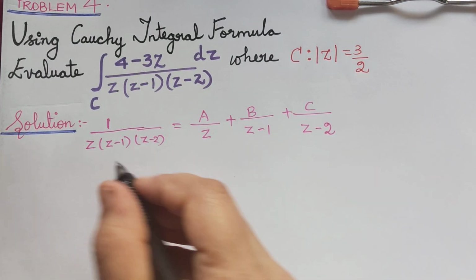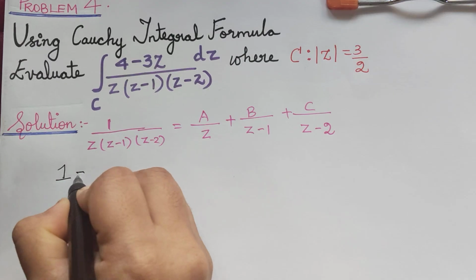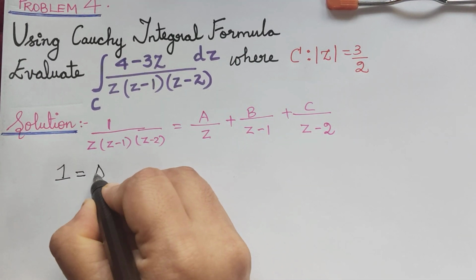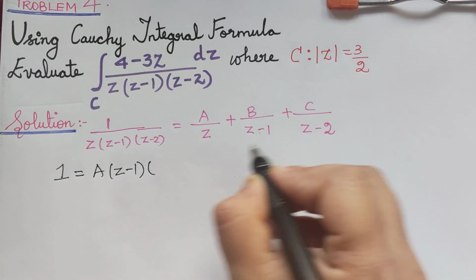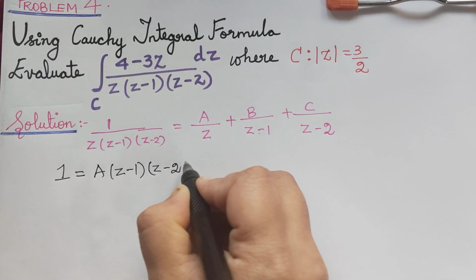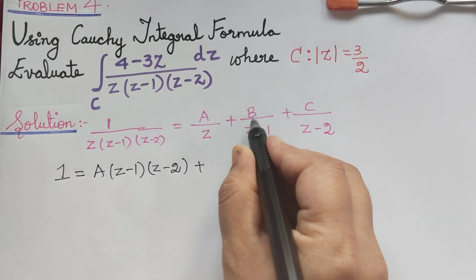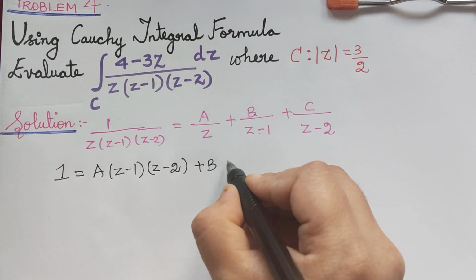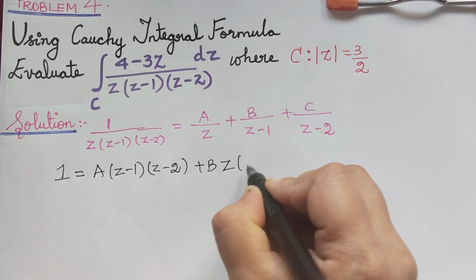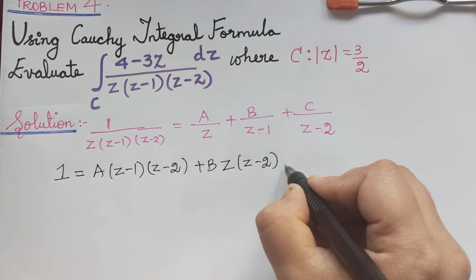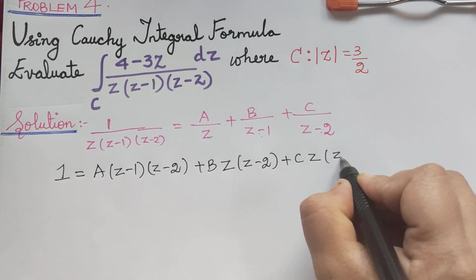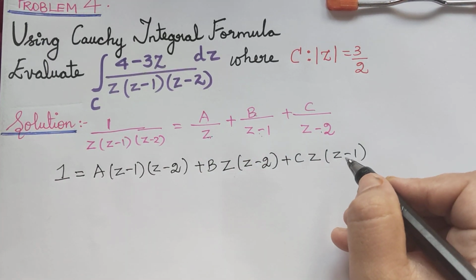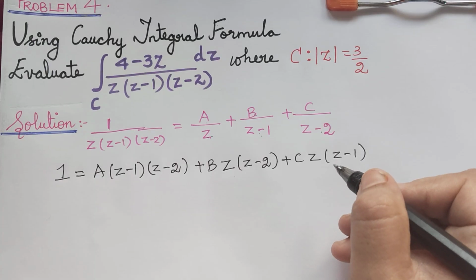From this we get 1 equal to a multiplied with (z minus 1)(z minus 2), plus b multiplied with the other two, z and z minus 2, plus c multiplied with z and z minus 1.